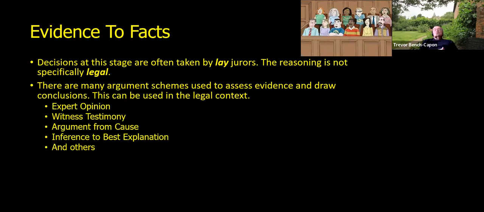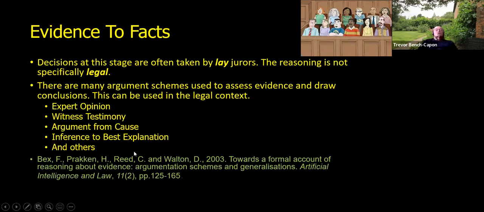And this includes being told by an expert, being told by someone who saw it, by reasoning from cause to effect, by inferring to the best explanation, and by many other things. So again, this is perfectly normal reasoning. It's the way we move from evidence to what we believe in everyday life. And these things were looked at by Forrest, Beck and others back in 2003 in a paper in our own literature.